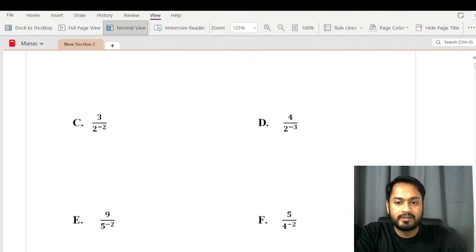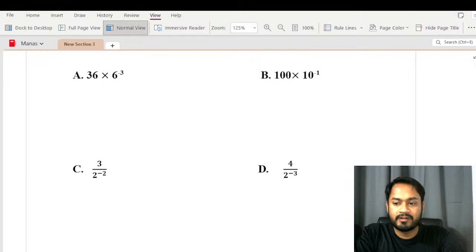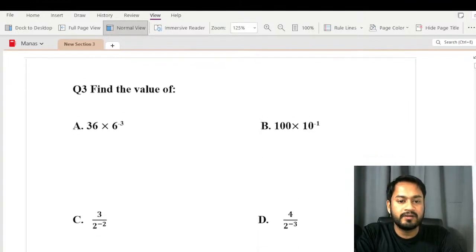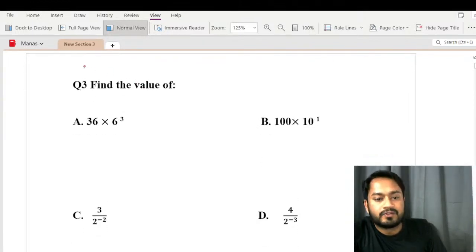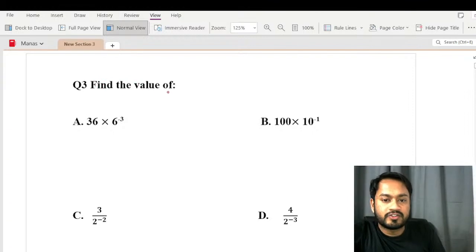Now we see the another type of question, final one, and then we'll end the class today. Okay, so here this is the question which is given as find the value of. Okay, so this is the question 36, and this is multiplied by 6 raised to power minus 3. How can you write 36? You can write 36 as 6 to the power 2.